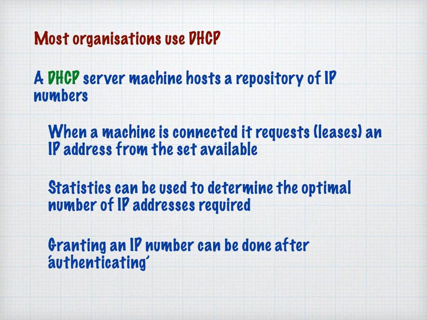It's like a library of IP numbers that are temporarily loaned to people, and that's called leasing an IP number. So if somebody connects to your home network, when they log in, they're getting one of those temporary IP numbers which allows them to gain access to your home network.